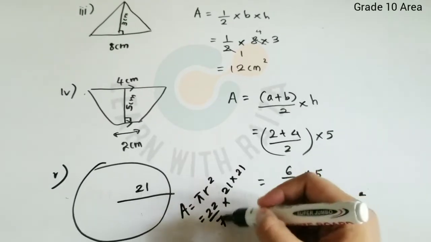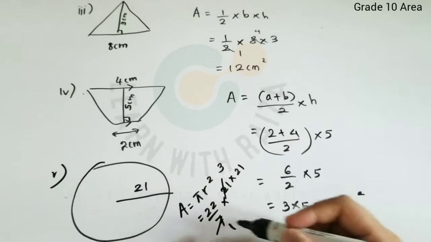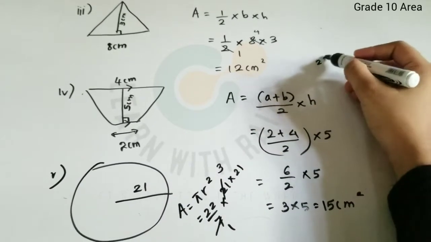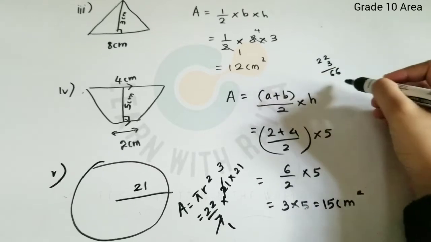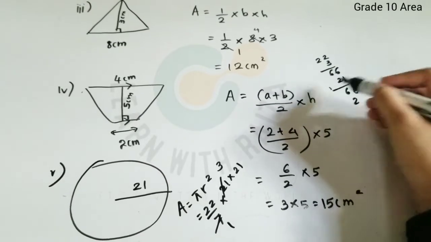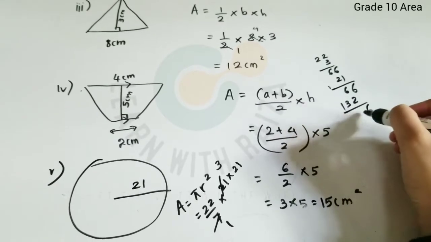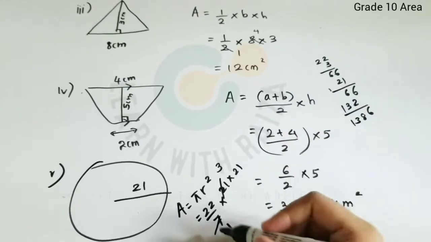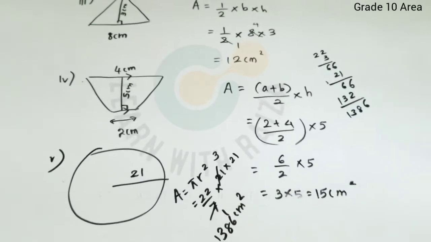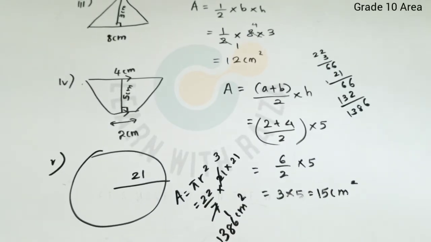You can cancel 7 times 1, 7 times 3. Now multiply 22 into 3 into 21. 22 into 3 means you get 66. 66 into 21 gives how much? 1386 square centimeter. Can you understand? 1386 square centimeter. So that will be the area.